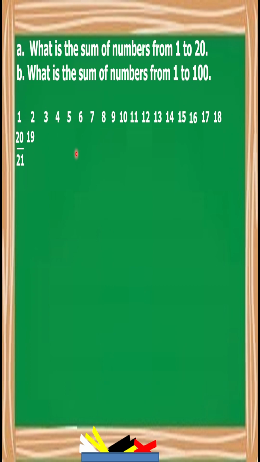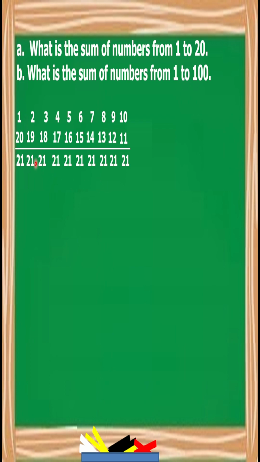For the third and the third to the last number, that will be 3 plus 18, that will also give me 21. And the same process for 4 plus 17, 5 plus 16, that is also 21, 6 plus 15 is also 21, 7 plus 14 is also 21, 8 plus 13 is also 21, 9 plus 12 is also 21, and of course 10 plus 11 is also 21.